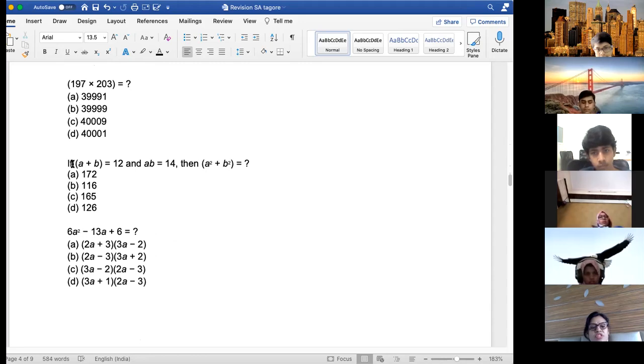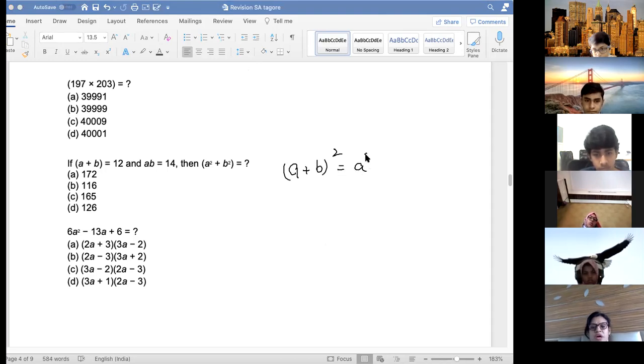Now this type of question we also did: A plus B is 12, AB is 14. What is A square plus B square? How will we start? Anyone remember how we start this question? How do we start this? Simple, we will start from A plus B whole square. A plus B whole square is equal to A square plus B square plus 2AB. Okay?